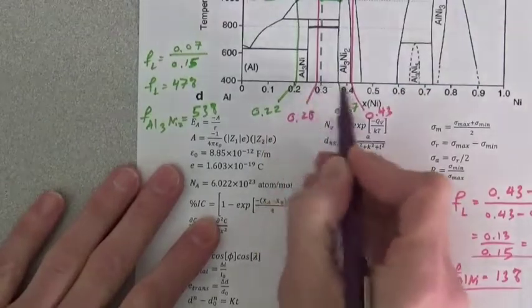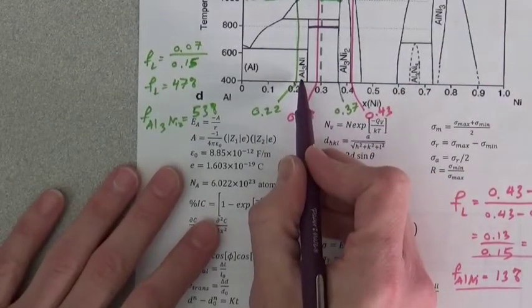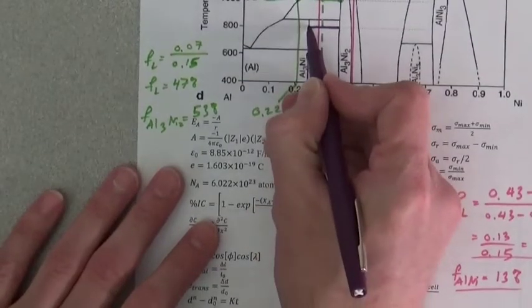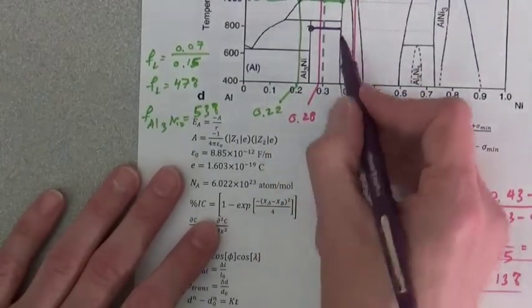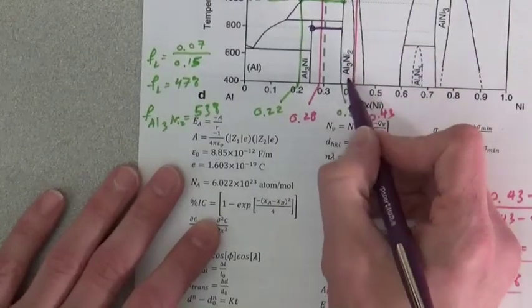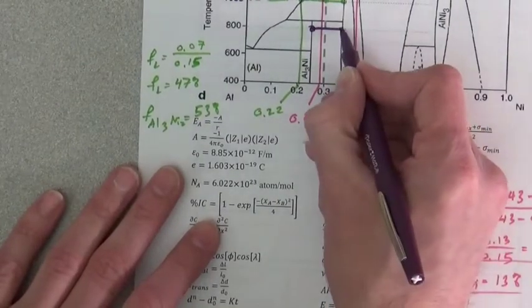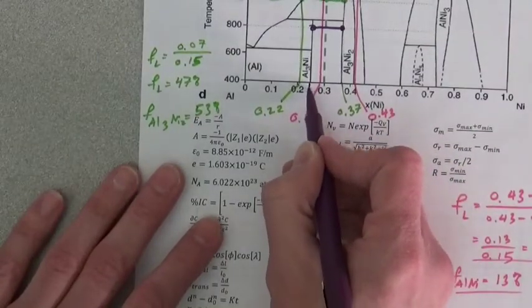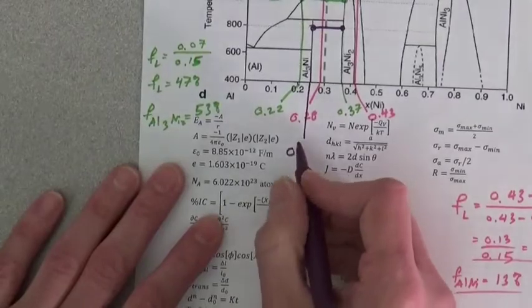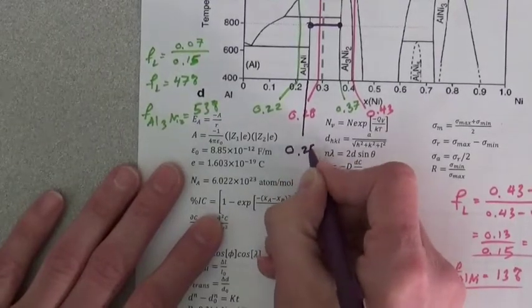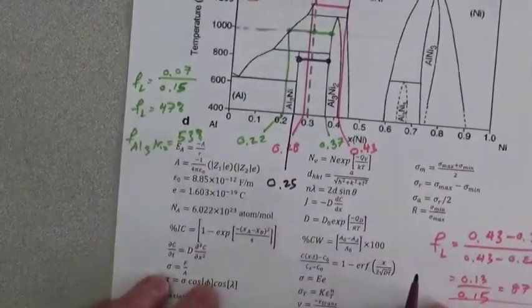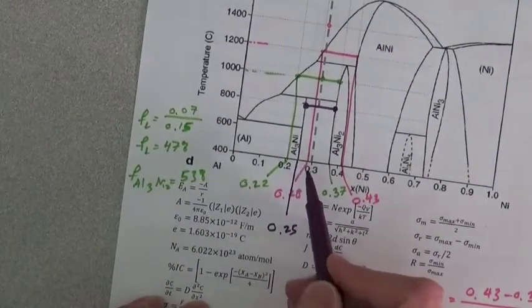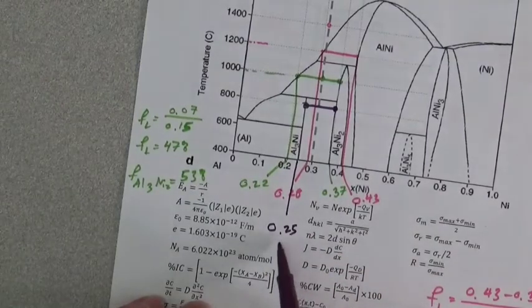We're in this two-phase region where one of the phases is the line compound Al3Ni, and one is the solid solution Al3Ni2. So Al3Ni, that's 0.25, and you know that because it's a line compound, and as a line compound, we have 3 aluminum for every 1 nickel, so there's 25% nickel.